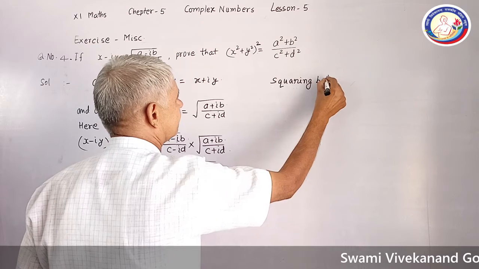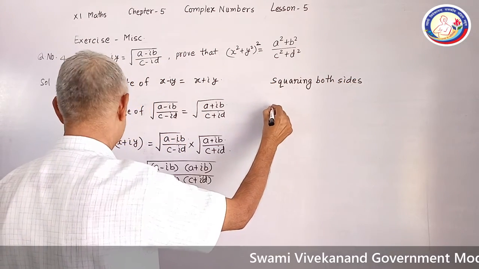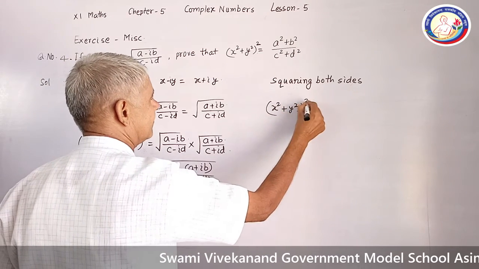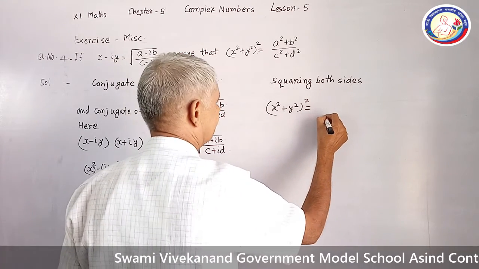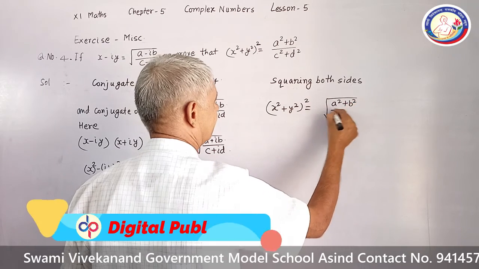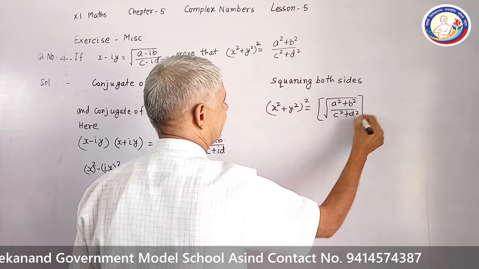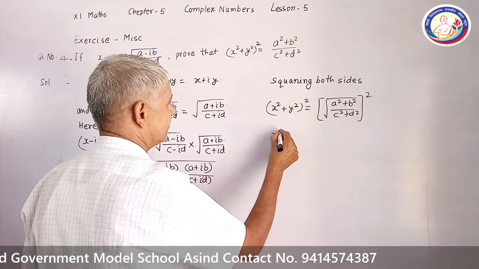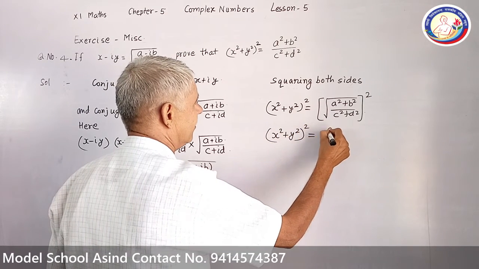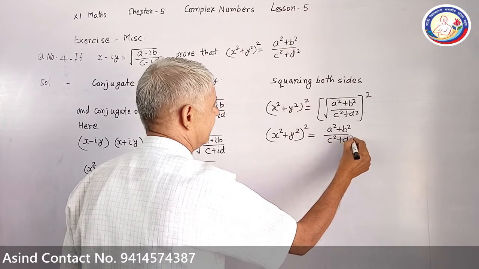Squaring both sides: x square plus y square whole square equal to a square plus b square divided by c square plus d square.